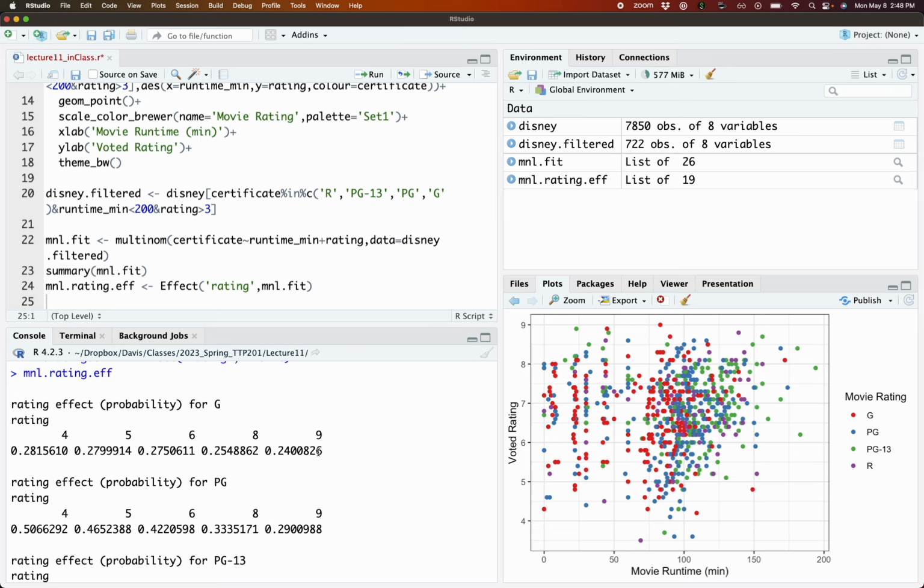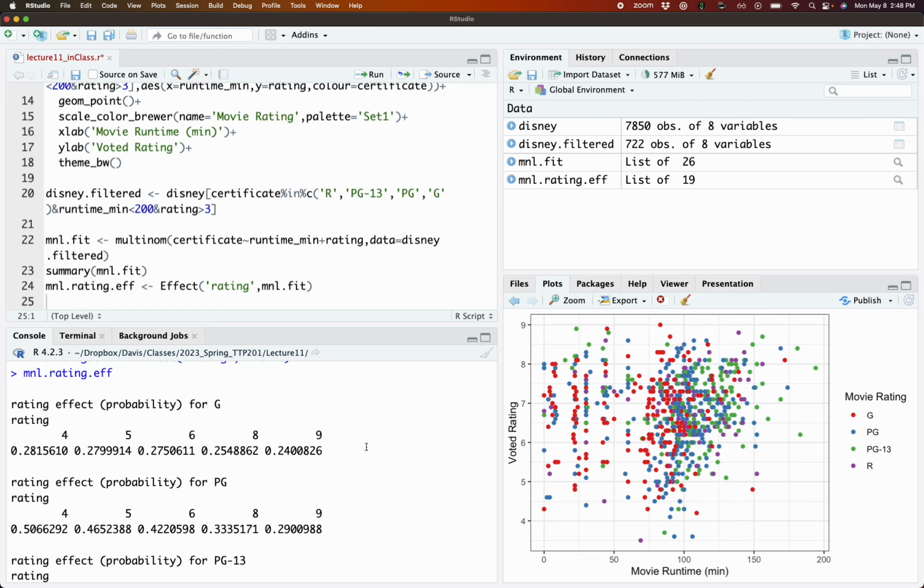Can you vary the function to not take the average, but some arbitrary runtime that you want? So you want to know, let's say, movies that run like, I don't know, 120 minutes? Yes, you can do that. There's a setting, I don't know it off the top of my head, in effect where you can fix other values of x. Okay.